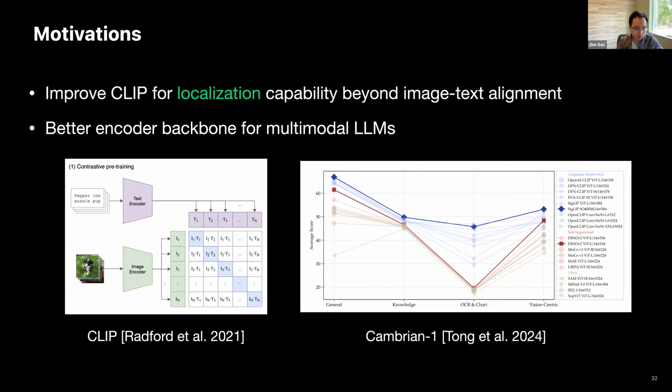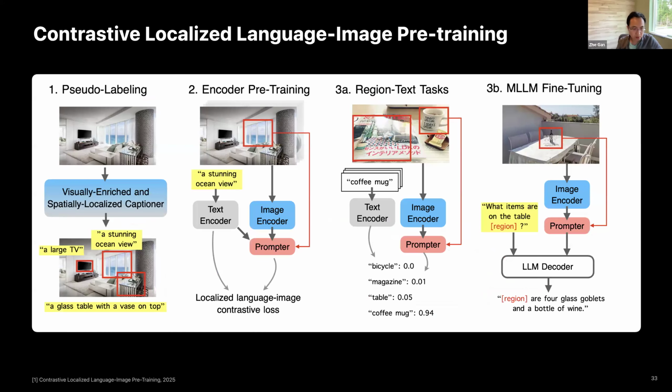This is different from many CLIP variants, such as RegionCLIP or other methods, which crop the image region out and treat that region as a complete image. What we do here is different, as shown in sub-figure 2.